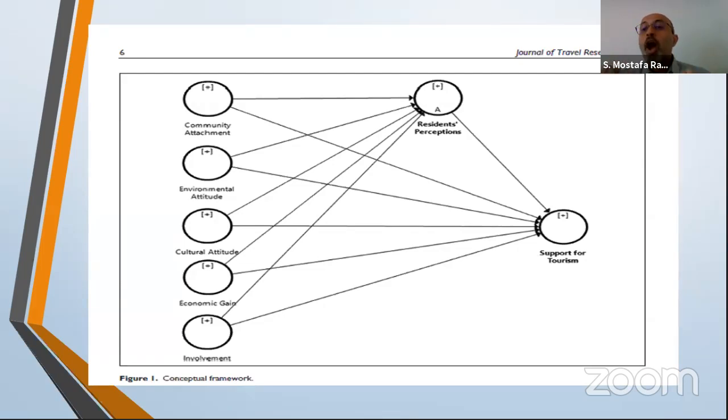And then by increasing the perception of residents, their support for tourism development will increase.